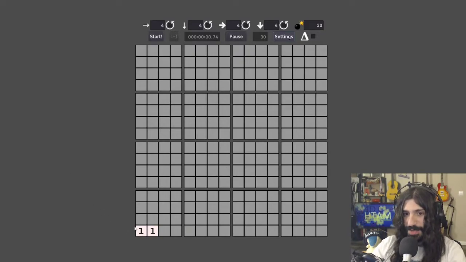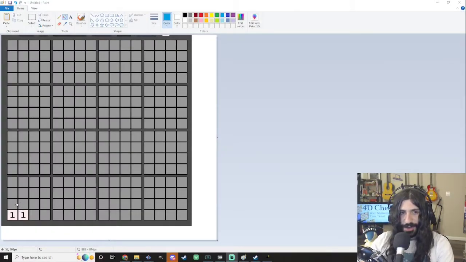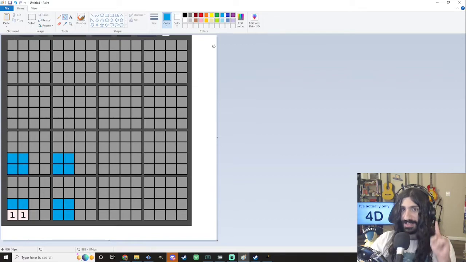Let's go into MS Paint. Okay, so here are the cells that are adjacent to this one. And because they're adjacent to this one, we know that there is one cell of the blues that has a mine in it, right?